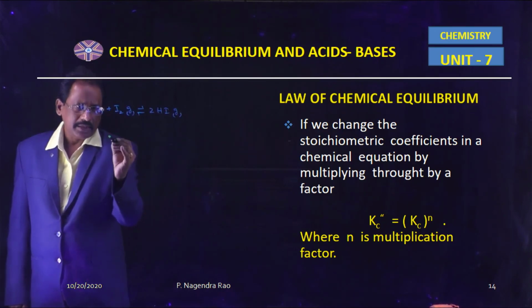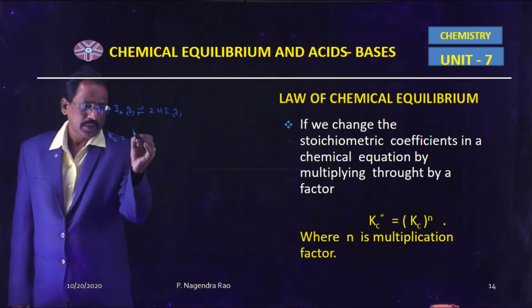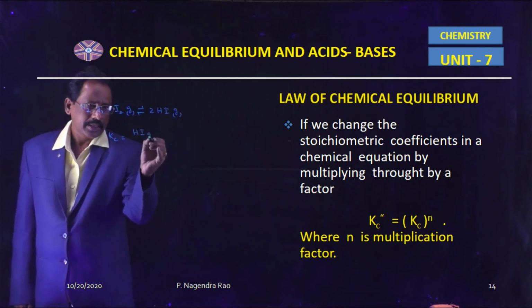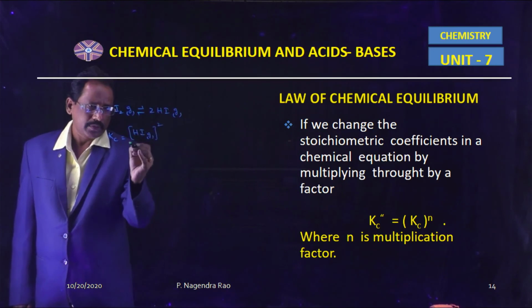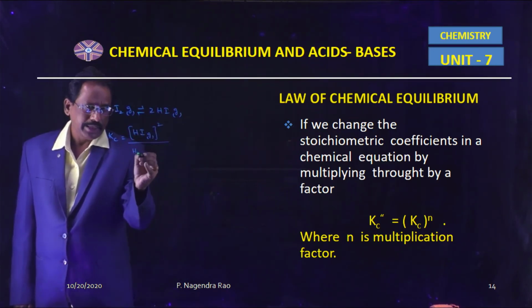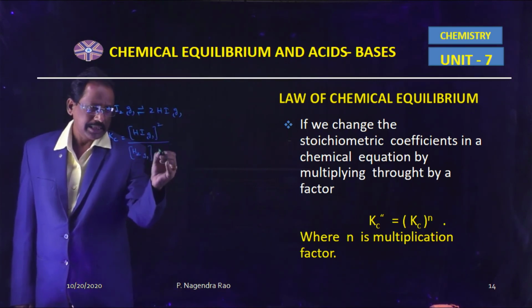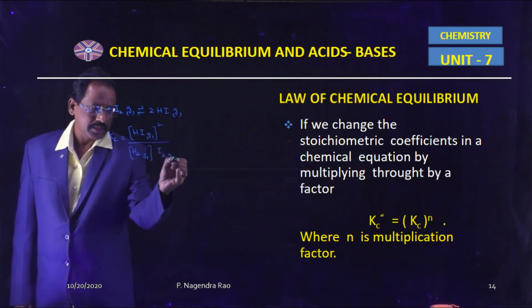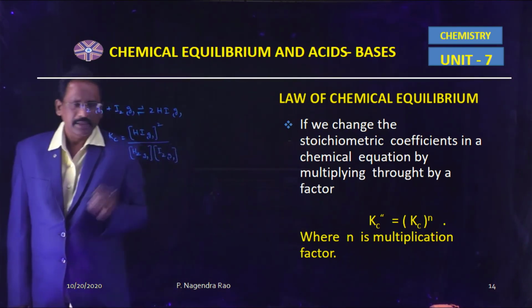For this reaction, Kc is equal to the HI gas active mass whole power 2 divided by the active mass of hydrogen gas and the active mass of I2 gas.